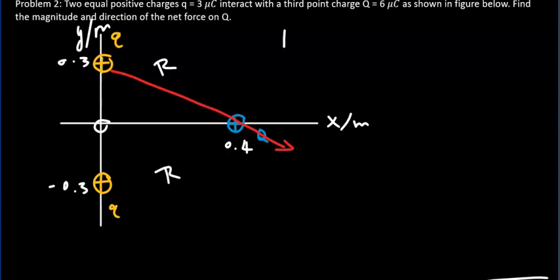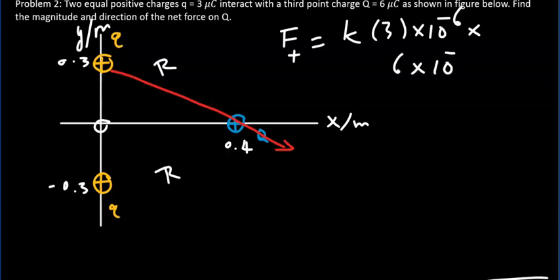The magnitude of that force, let's call it F plus, is given by that K constant, the product of these two charges, which is 3 and 6 microcoulomb, so 3 times 10 to the power minus 6 times 6 times 10 to the power minus 6, divided by the distance, this r here, r squared.